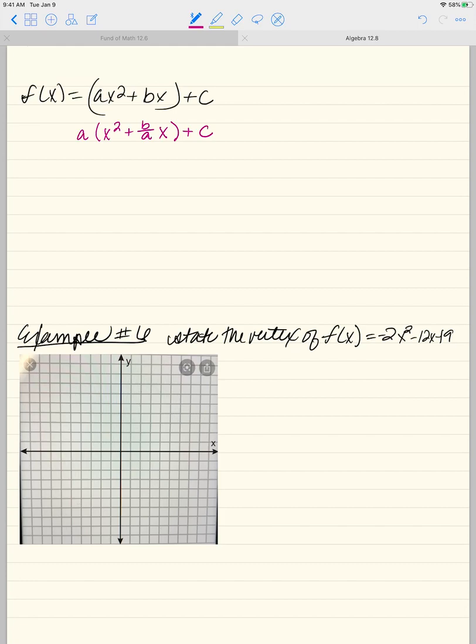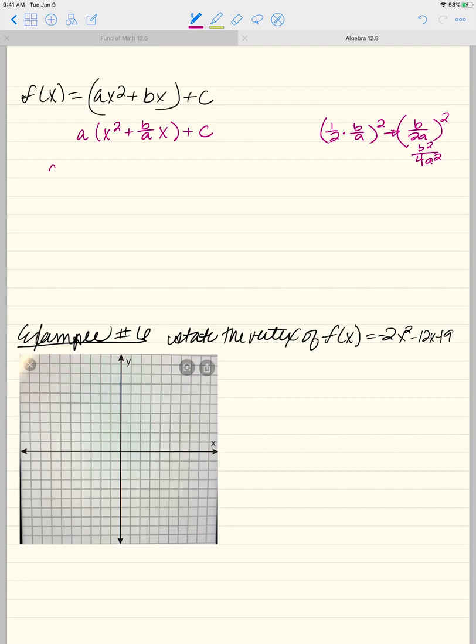Now, complete the square by adding, remember, we complete the square by adding (1/2 times b)², so that would be (1/2 times b/a)², which would be (b/2a)², which is b²/4a². So complete the square by adding b²/4a² inside the parentheses.